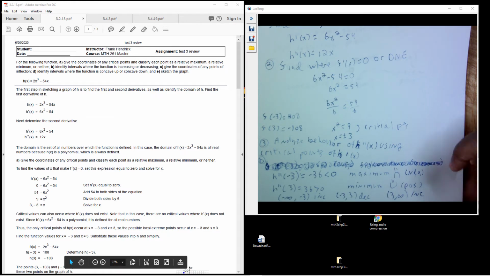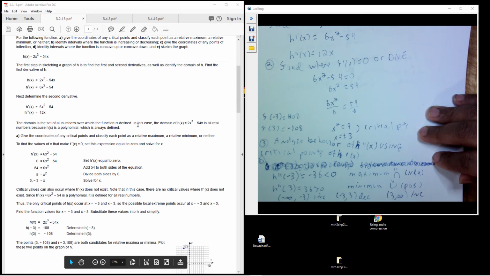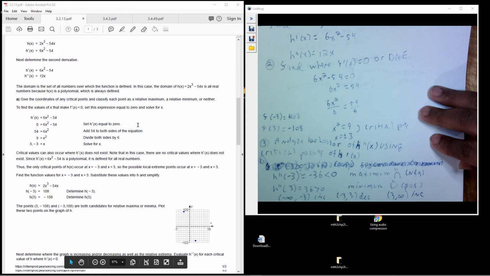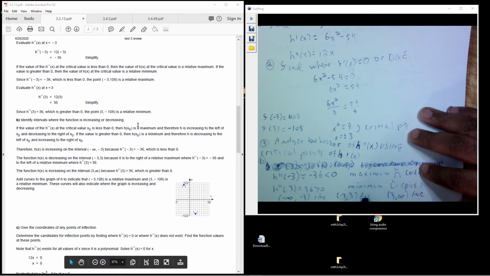So what we can do now is when we look at the graph, you can see that we can find out where it's a max and a min. We already know that it's a max and a min. What we look at here is what it's doing on one side of the maximum at negative 3.